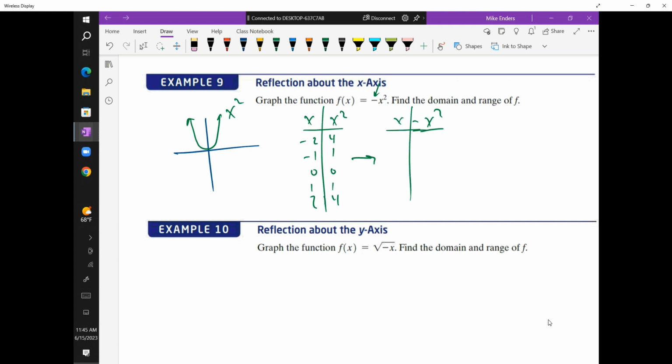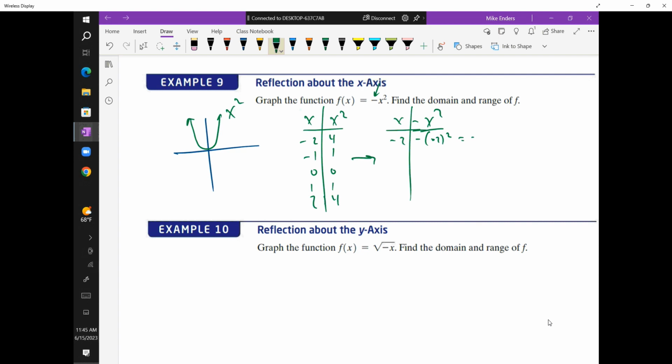So let's see, if I plug in -2, what I end up with is the negative of -2 squared. So the square of -2 is 4, and put the negative, so that's -4. Plug in -1 there, and I have the negative of -1 squared.